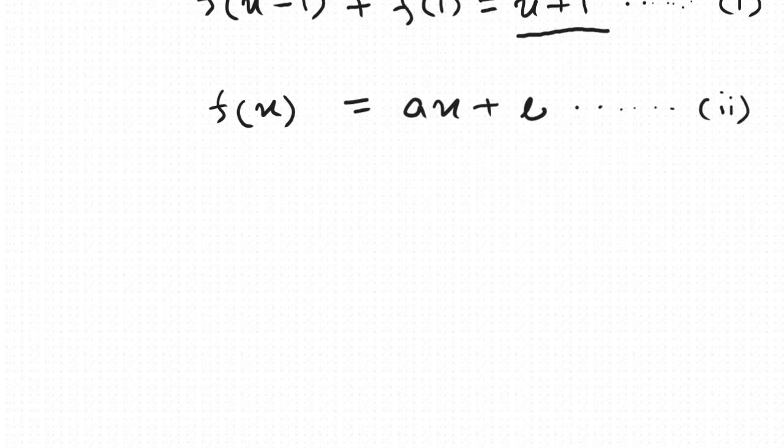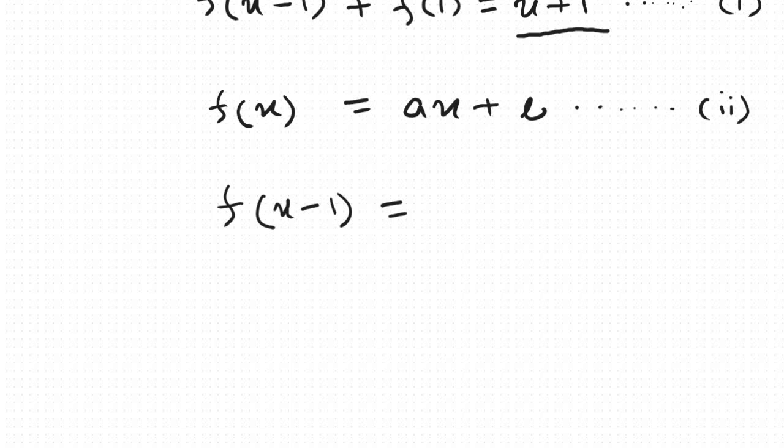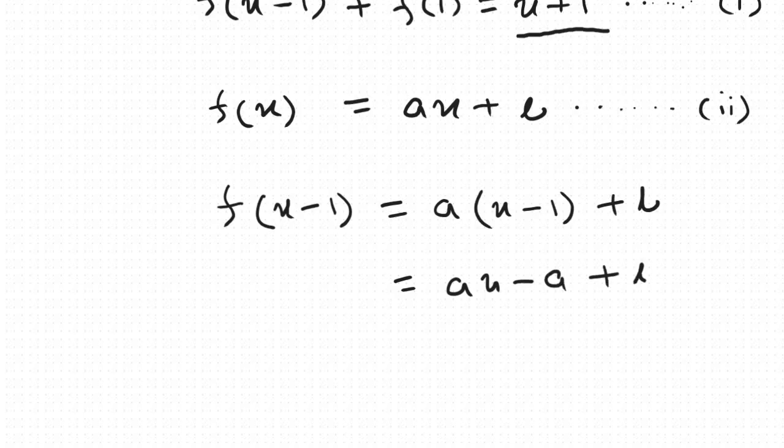So if we put the value x - 1 in the function, we get on the right side a(x - 1) + b, which gives us ax - a + b.